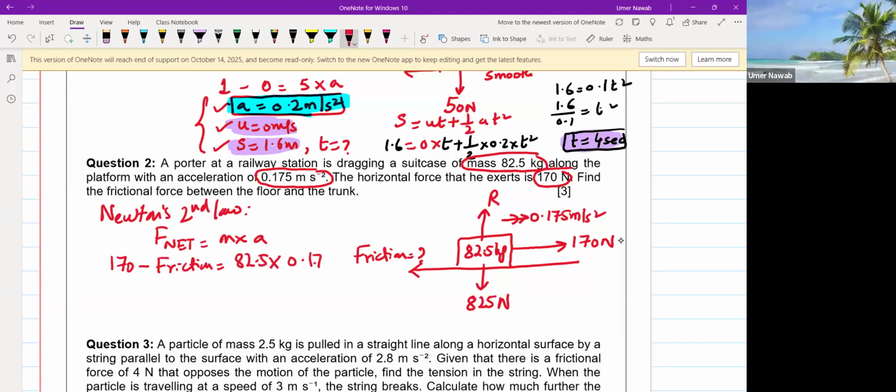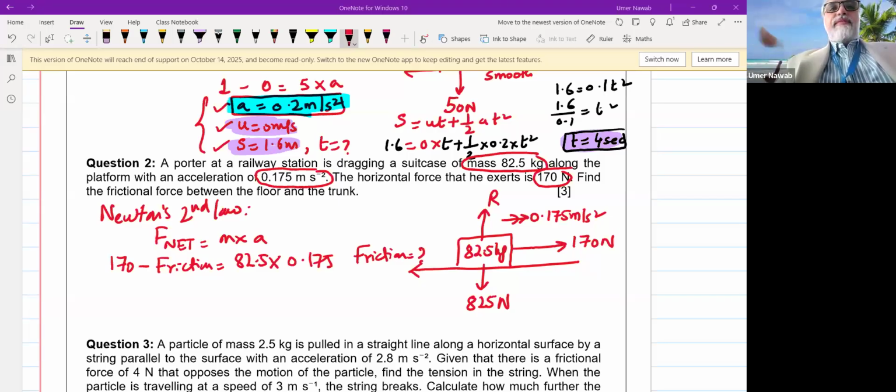Acceleration is 0.175, and I want friction. So let me use my calculator, and you also use your calculator. Here, I would suggest students use the equation solver to get the answer quickly.